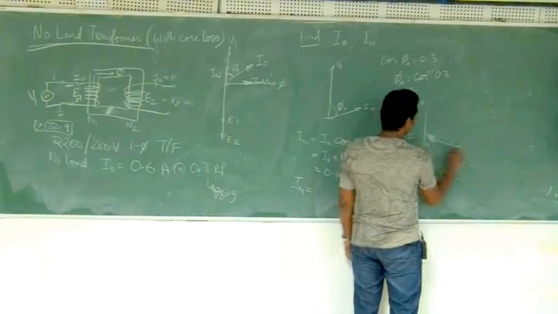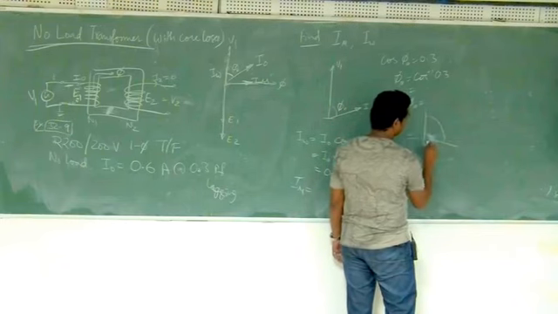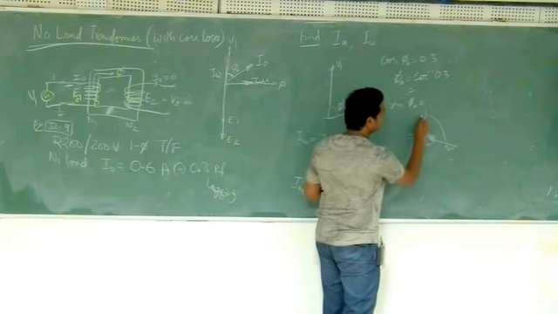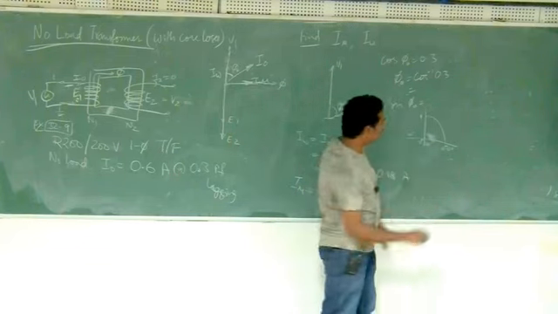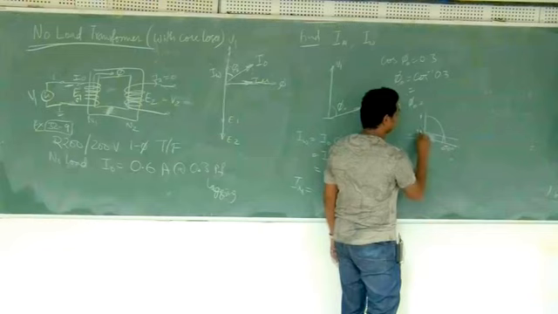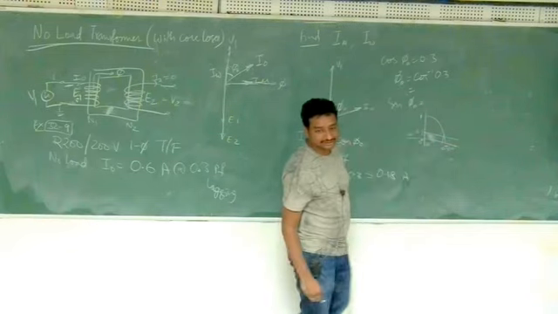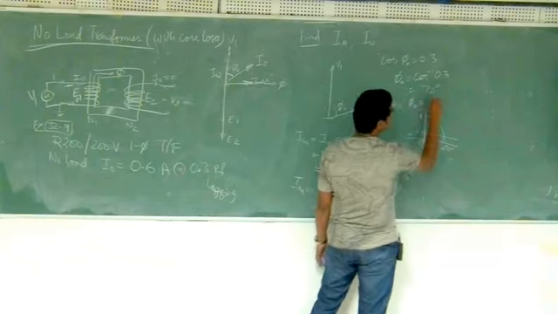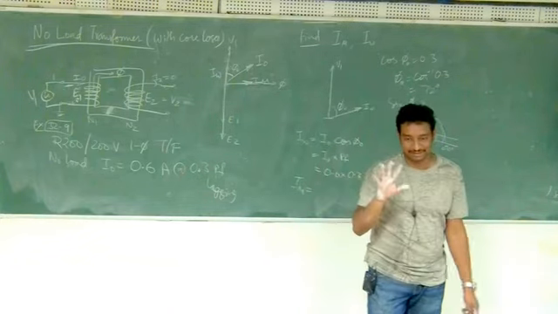See, the cos will be like this, right? This is 0 degrees, this is 90 degrees. Cos will start at 1 and then it will go to 0. I am asking where is 0.3. So 0.3 how much? Yeah, so approximately 72 degrees. Just remember that. Cos inverse of 0.3 is 72.